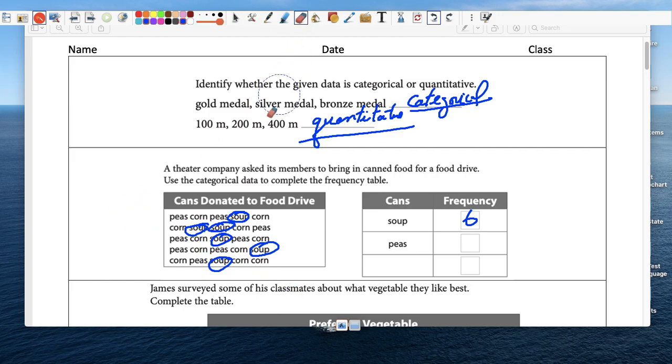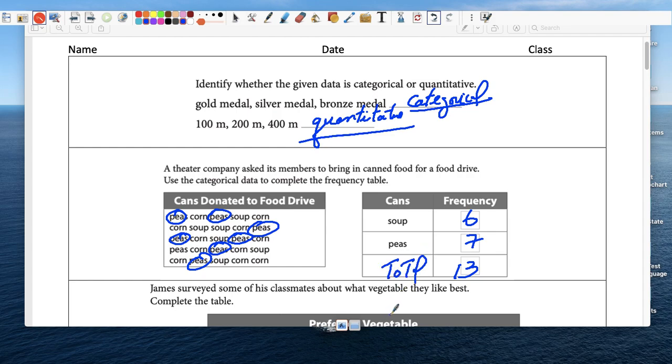And then peas. 1, 2, 3, 4, 5, 6, 7. The frequency in which peas occurred was 7, and the frequency in which soup happened was 6, for a total of 13. Unless I counted something wrong.